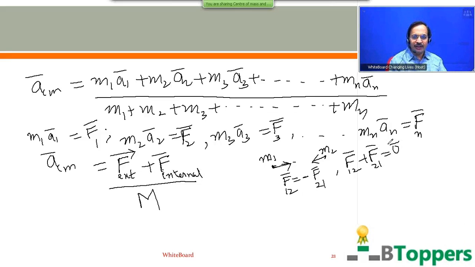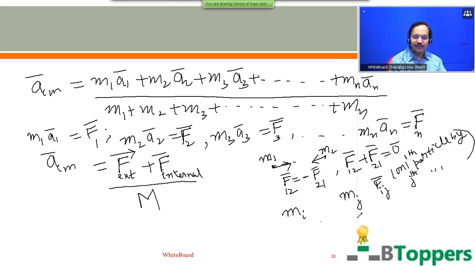In a similar way, in general, if you consider two particles, if m subscript i denotes the mass of the ith particle and m subscript j represents the mass of the jth particle, then the force on the ith particle by the jth particle is denoted by F bar subscript ij.